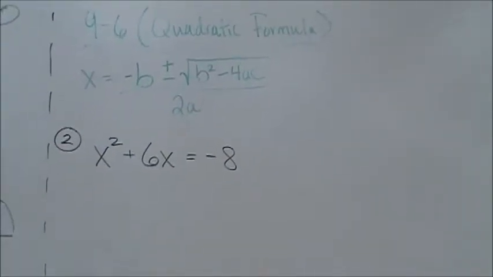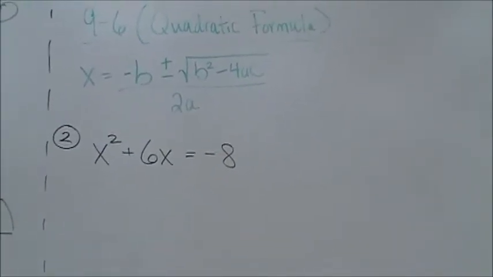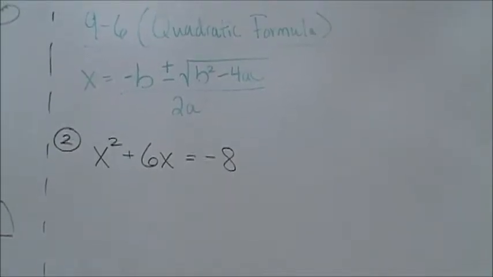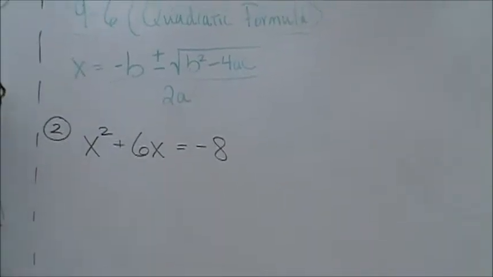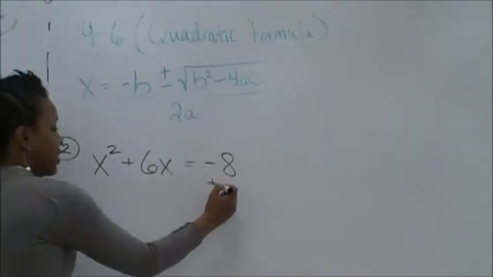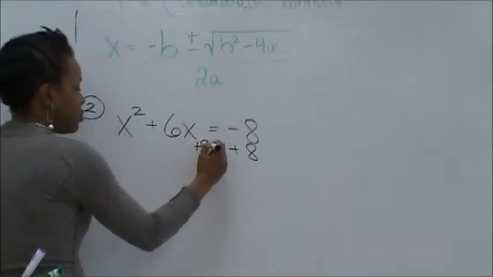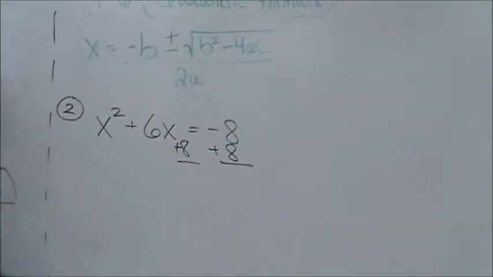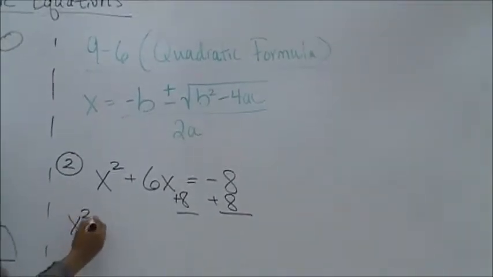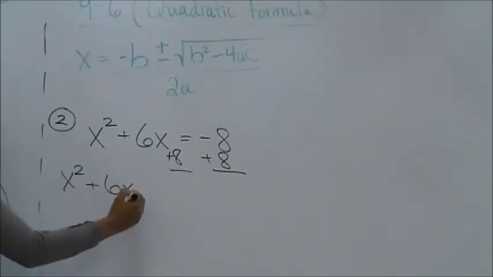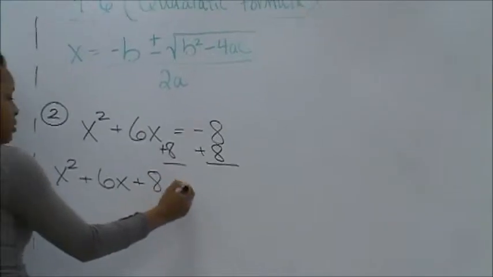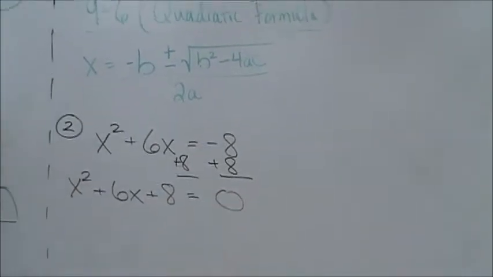What's the first thing I need to do, Evelyn? It doesn't equal 0. Good. It doesn't equal 0, so what should I do? Add 8 to make it equal 0. And if you add 8 to one side, you have to add 8 to the other side. So you get x squared plus 6x plus 8 equals 0.